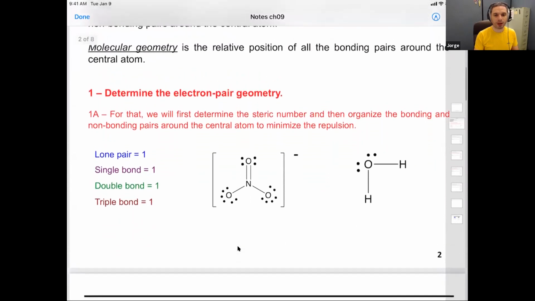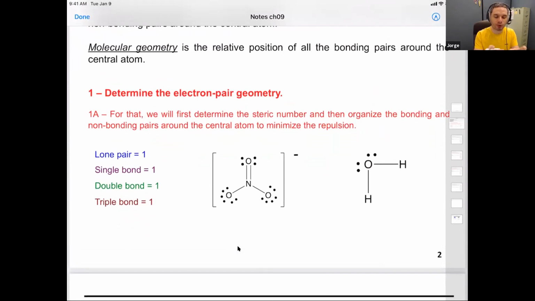Okay, very good. To determine the steric number for the central atom, we are going to consider that a lone pair is a unit, a single bond is a unit, a double bond is a unit, and a triple bond is a unit.